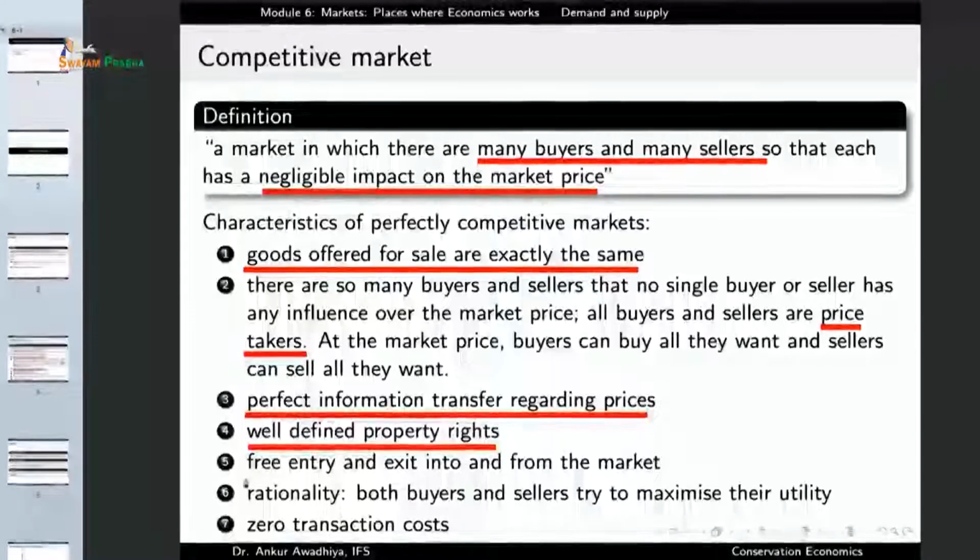Then there should be free entry and exit into and from the market. What that means is, if there is a seller and this seller comes to know that, say, rice is being sold at 100 rupees a kg, and this seller thinks that, oh, I can sell my rice at 99 rupees a kg, less than the current market price, then this seller should be able to enter the market.